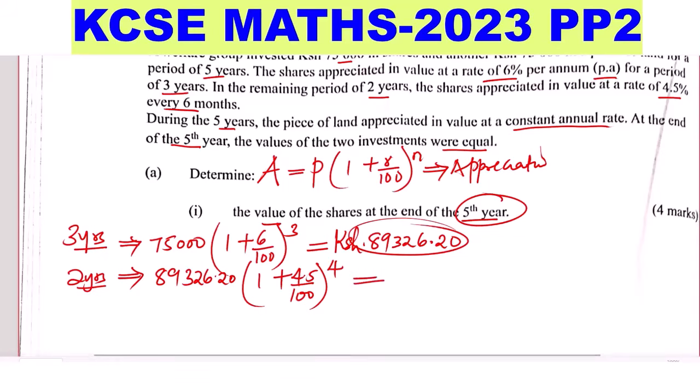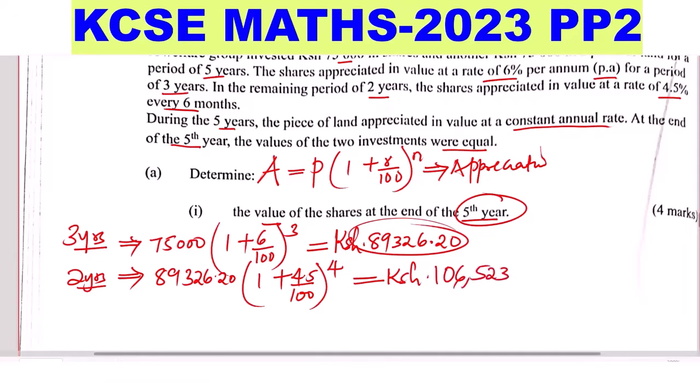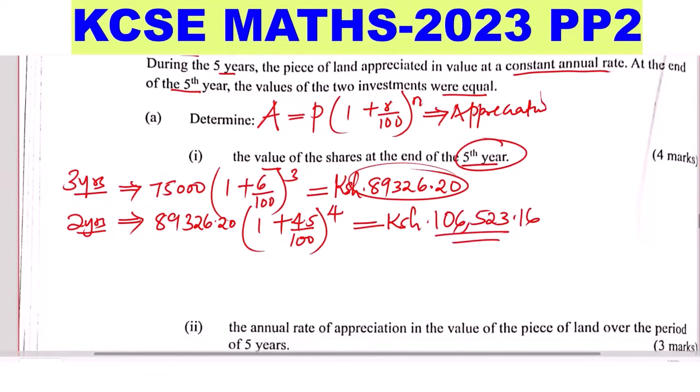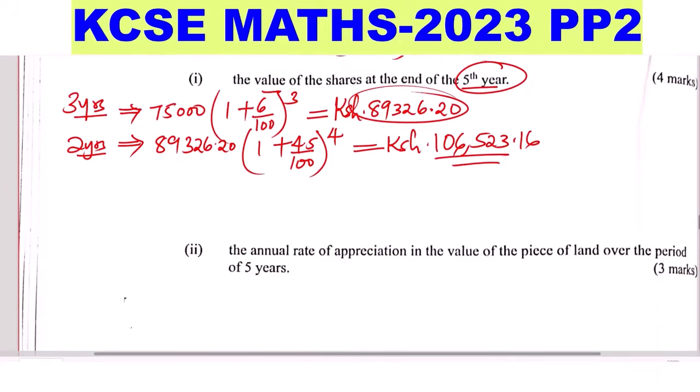So when you work out these, you'll get 106,523.16. So that is the amount at the end of the 5th year. So we're done with that. So let's go to the second part.